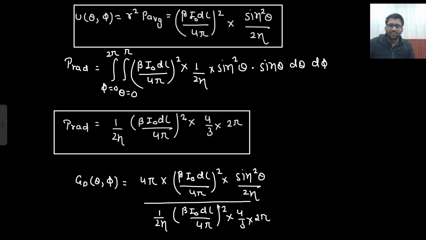Okay, so this is getting cancelled, this is getting cancelled, this is getting cancelled, and this is also getting cancelled, and this is getting cancelled by 2. So what are we getting? This goes upward. So 1.5 sin square theta. So this is your GD theta comma phi. GD theta comma phi is 1.5 sin square theta.